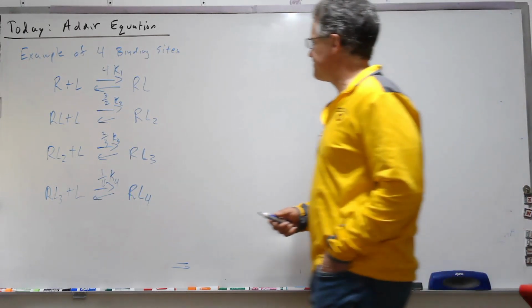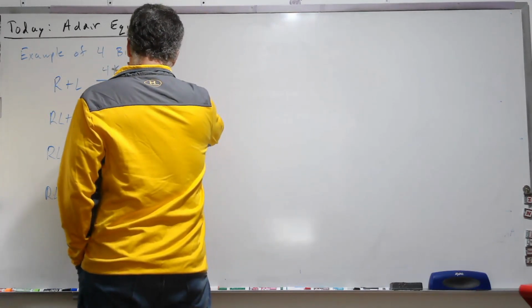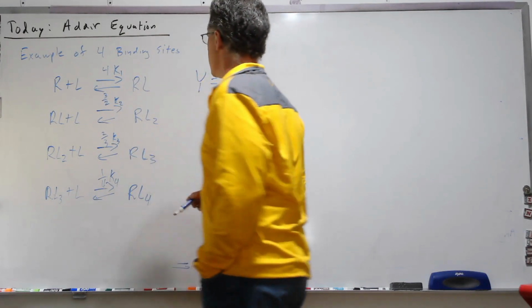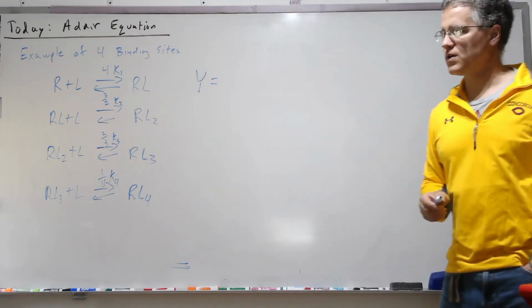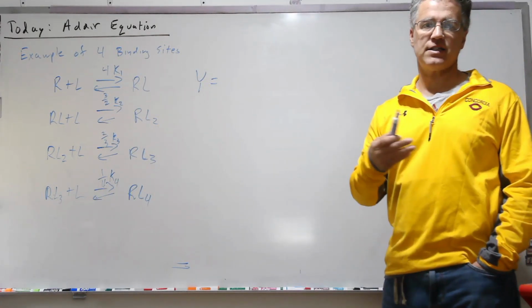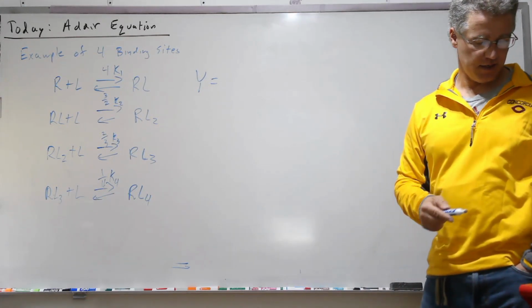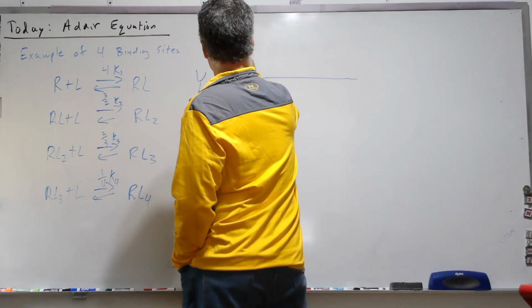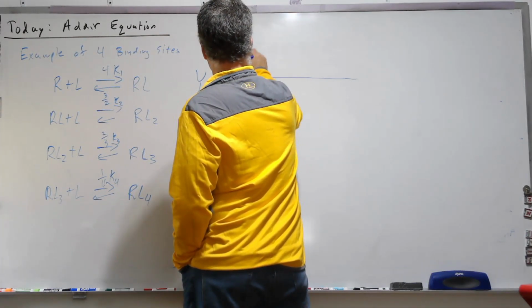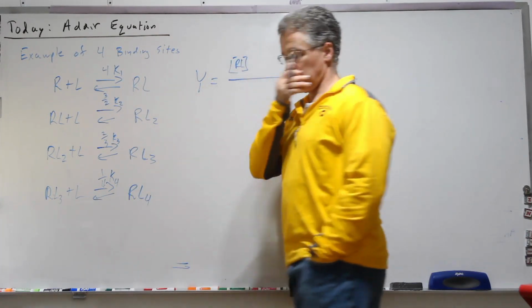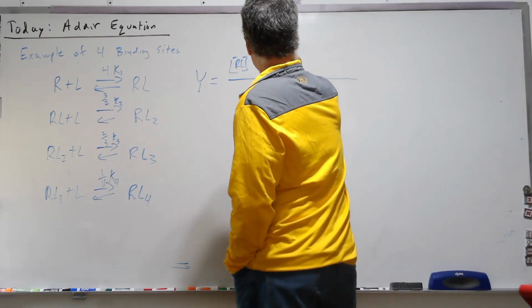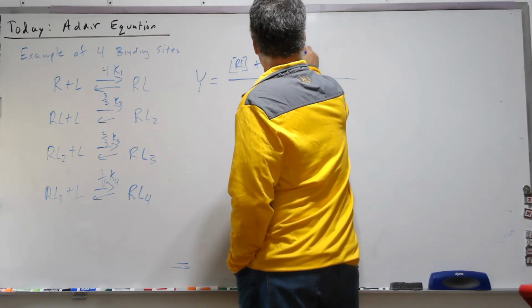Now, ultimately, we want a fraction of bound sites. So we're going to try to set this up analogous to the Langmuir isotherm. And so this will be RL plus 2 RL2.